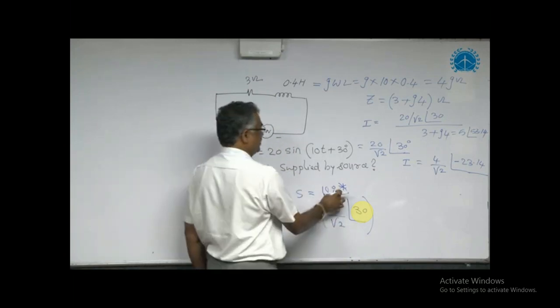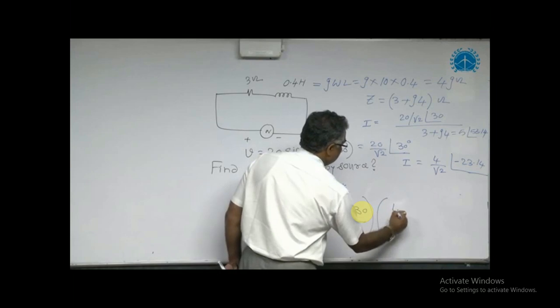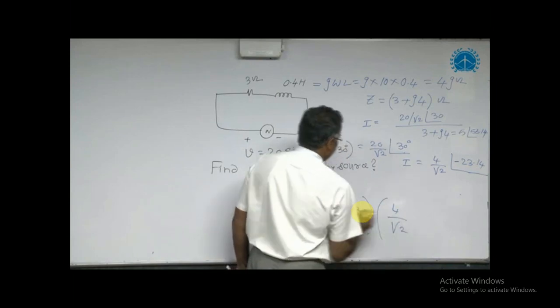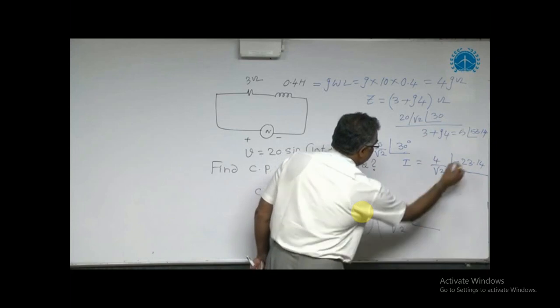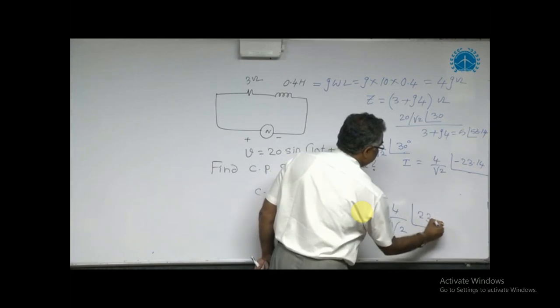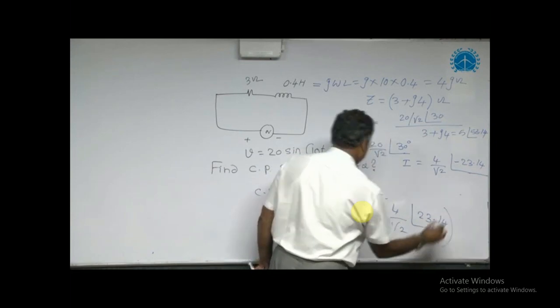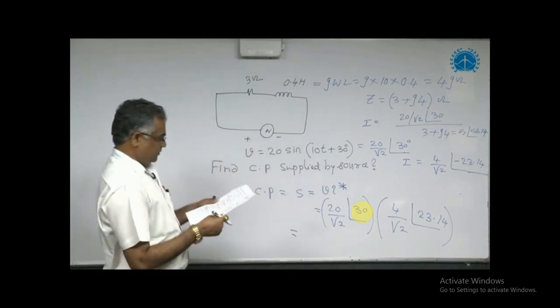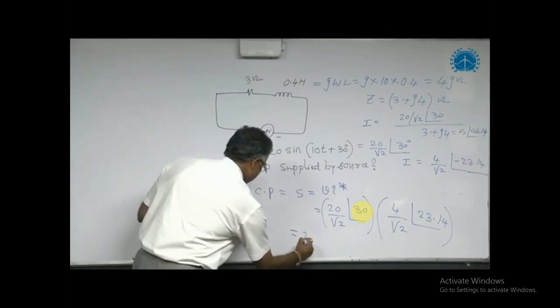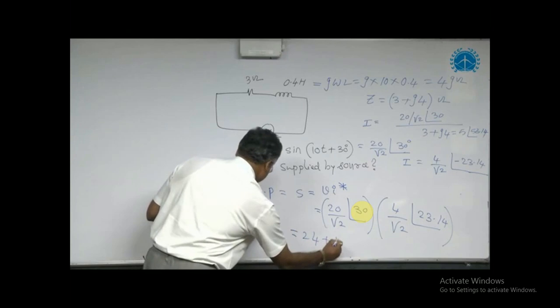The star indicates complex conjugate. 4 by root 2. When we go for a complex conjugate, the angle changes: minus becomes plus, so 23.14. Then this can be simplified easily. The answer is 24 plus j32.